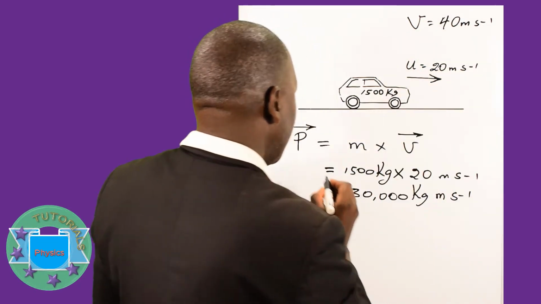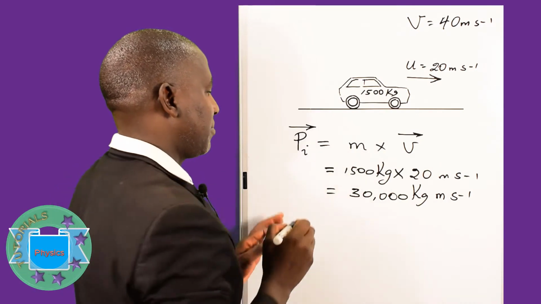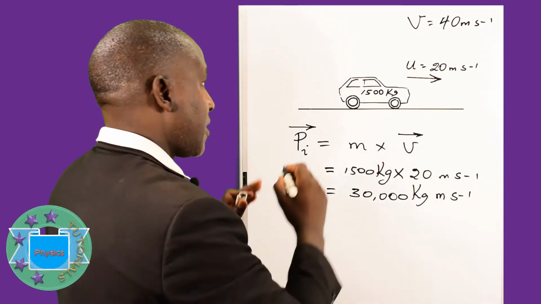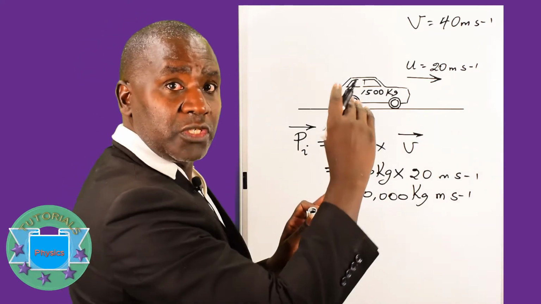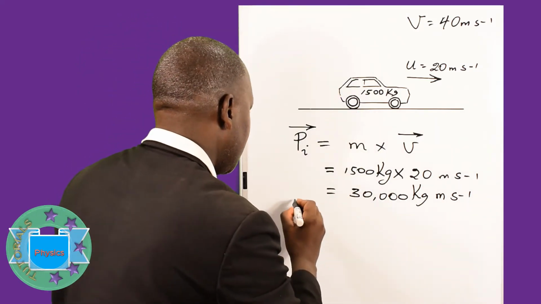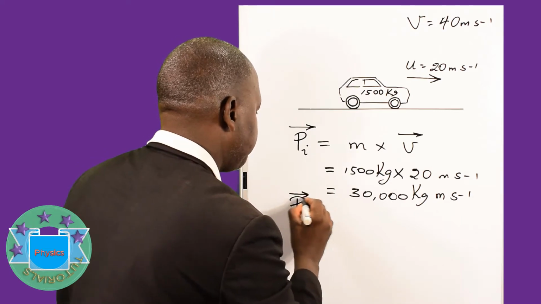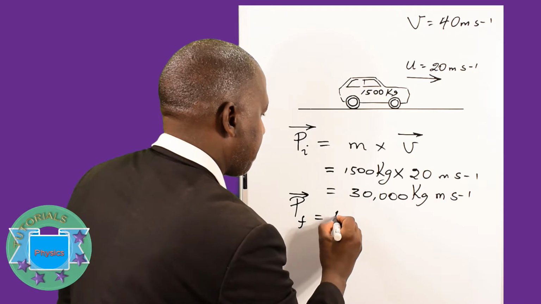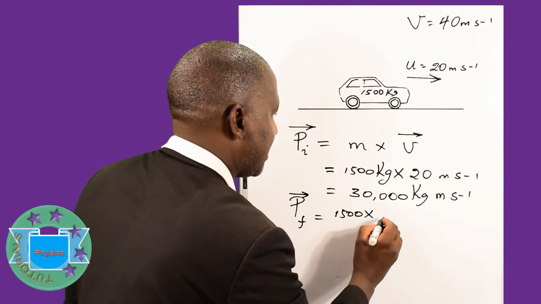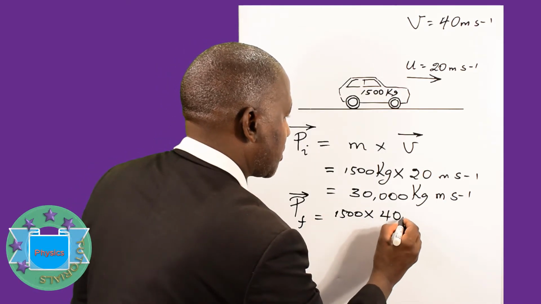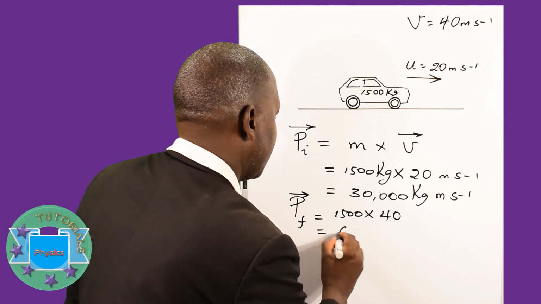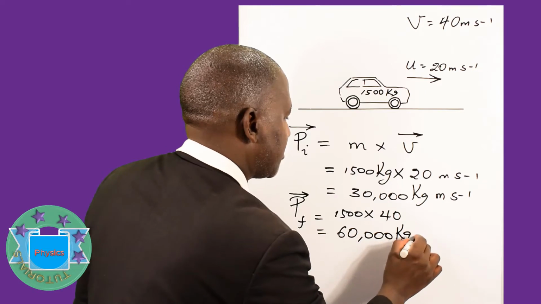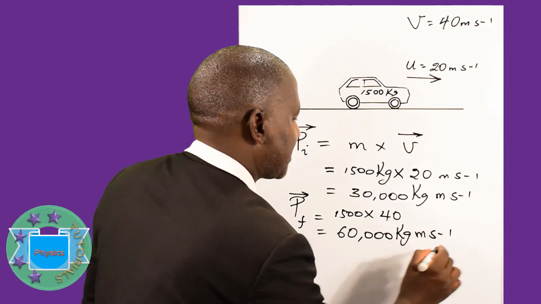So this will be the initial momentum of that van. After its velocity becomes 40 meters per second, then its momentum will be, of course, its mass is 1500 times 40 meters per second. This will give us 60,000 kilograms meter per second.